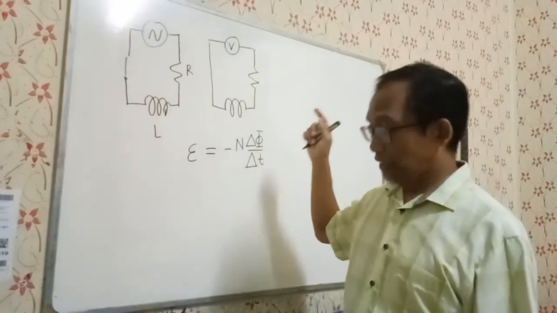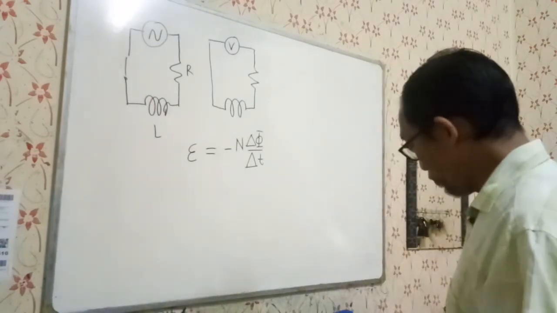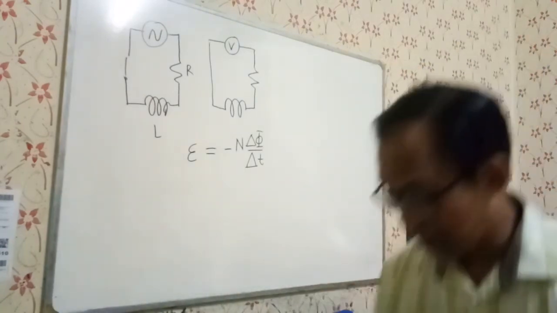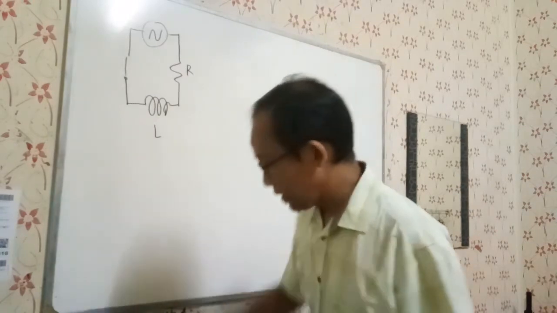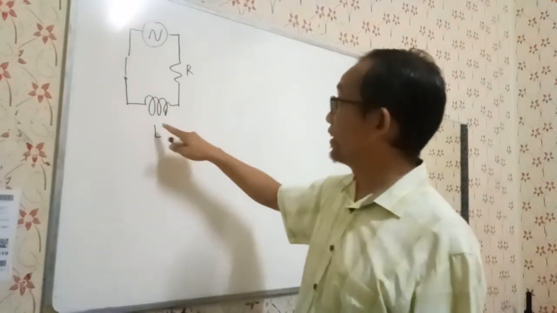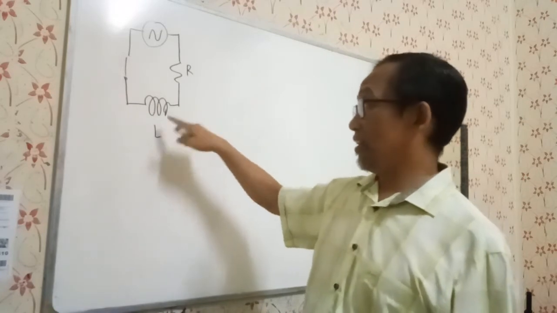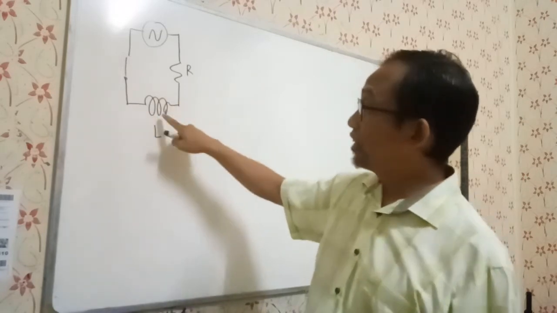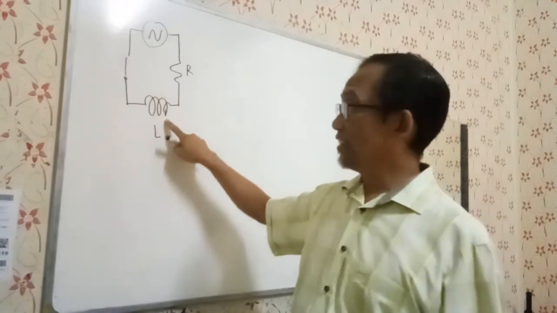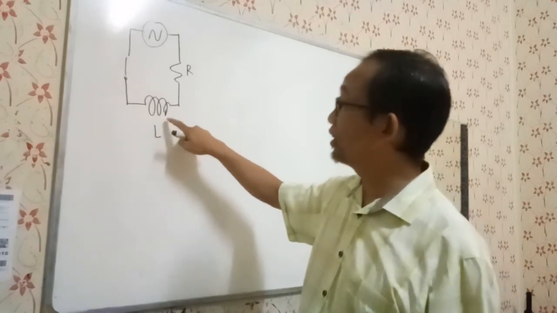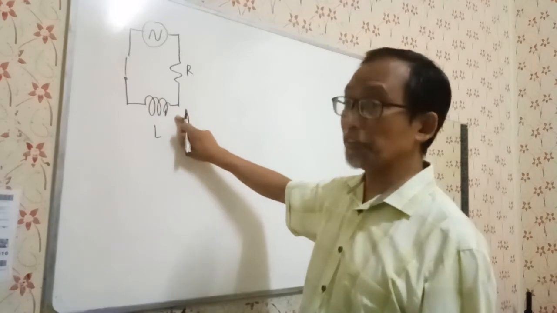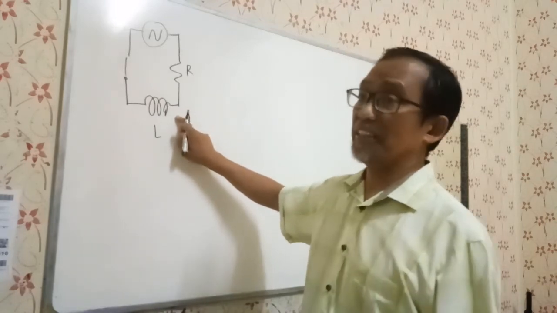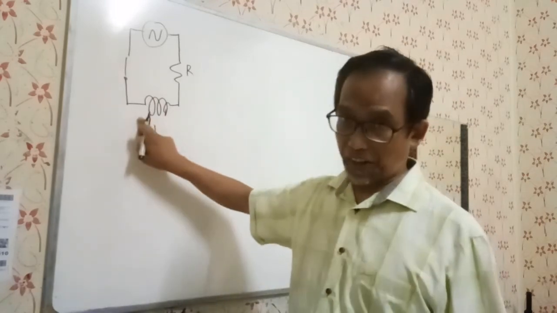What is self-induction? Self-induction is when we have only one circuit. Let's say we have one circuit here, and there is one coil. The change in the current here will change the magnetic field, and that magnetic field also generates EMF in the same coil.